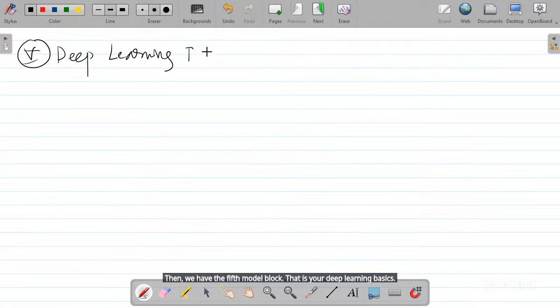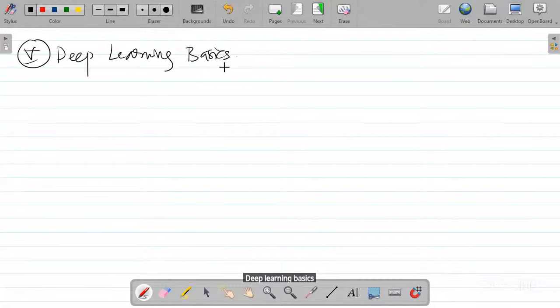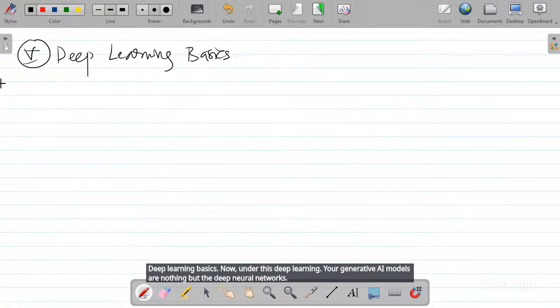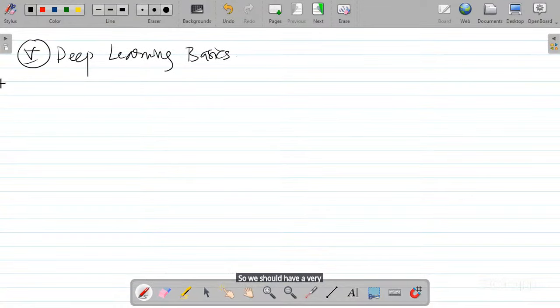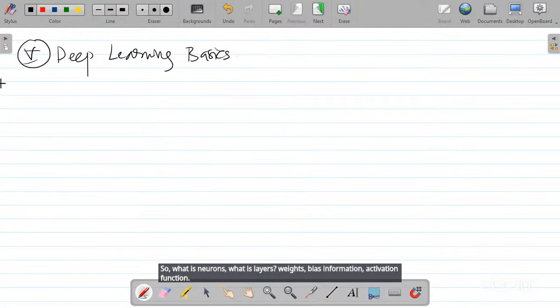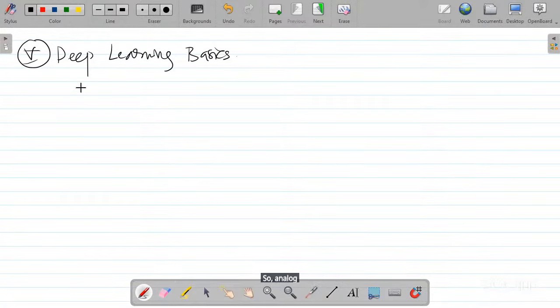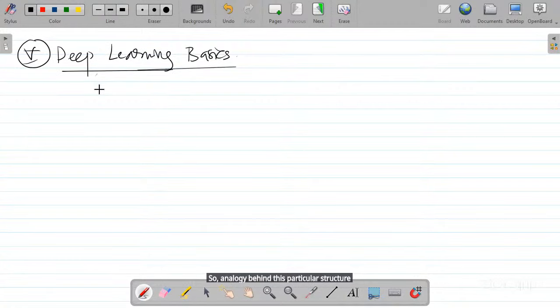Now under this deep learning, your generative AI models are nothing but deep neural networks. So we should have a very clear idea about neural networks. So what are neurons, layers, weights, bias information, activation function, loss function.